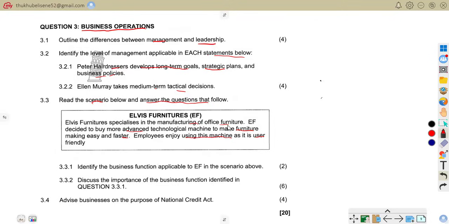We are told that Elvis decided to buy a more advanced technological machine to make furniture, making it easy and faster. So you identify the business function applicable to Elvis Furniture in the scenario above. With this statement, you can see that the business function is the purchasing function. That is the answer for 3.31.